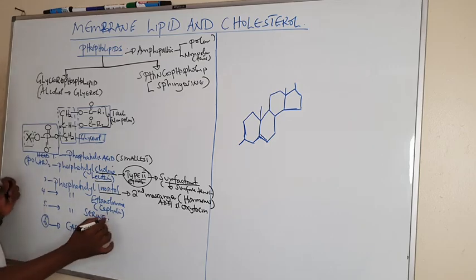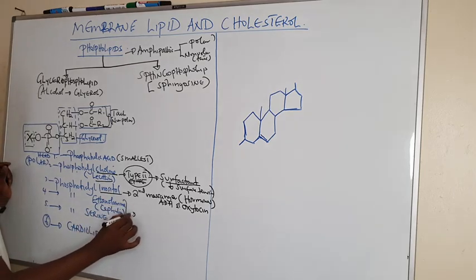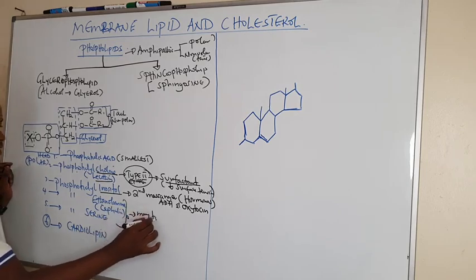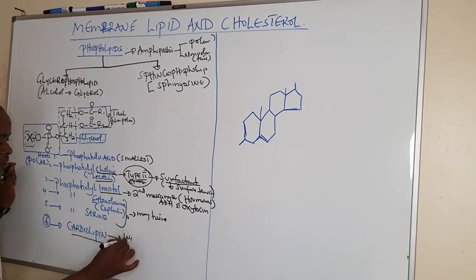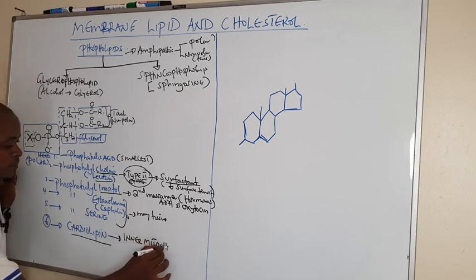Then ethanolamine and serine are found in many body tissues. Then cardiolipin is majorly found surrounding the inner mitochondrial membrane.